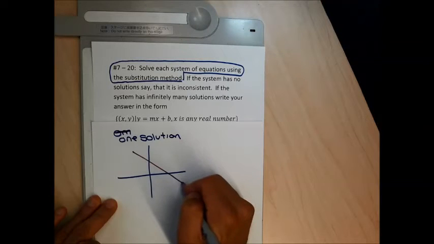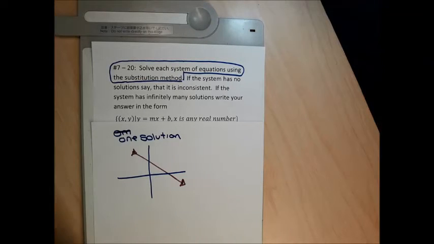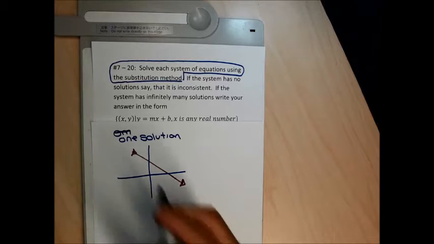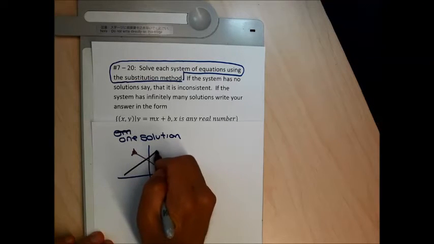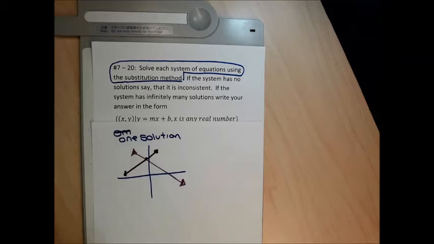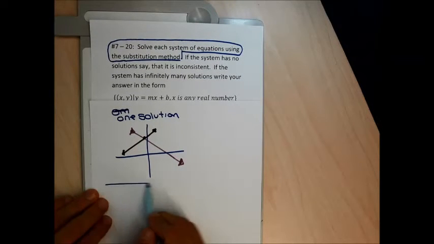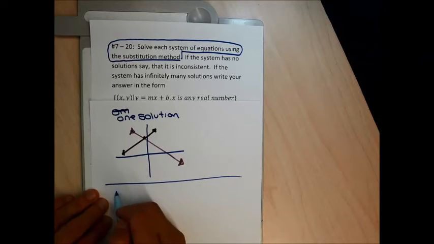You could have the lines going in directions so that they just cross in one place. So this would be an example of the graphical interpretation of a system of equations that has one solution. That's the most common thing that can happen.